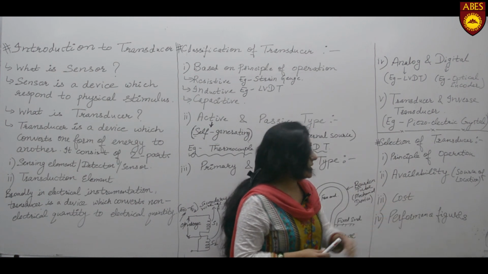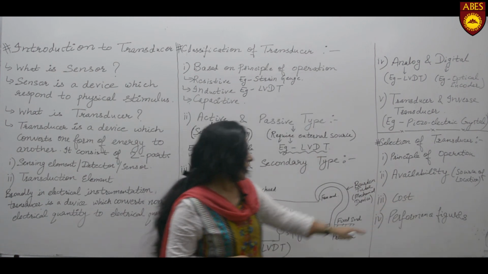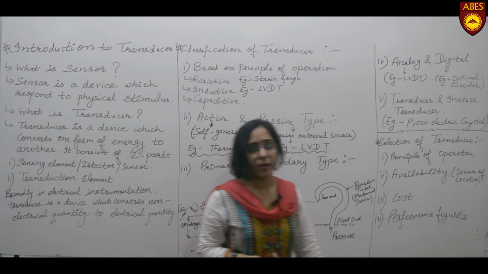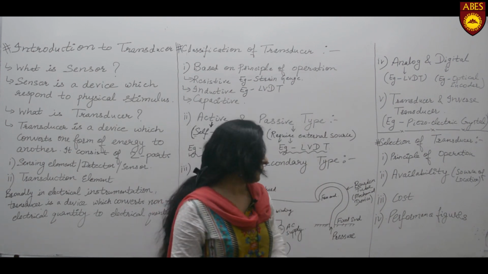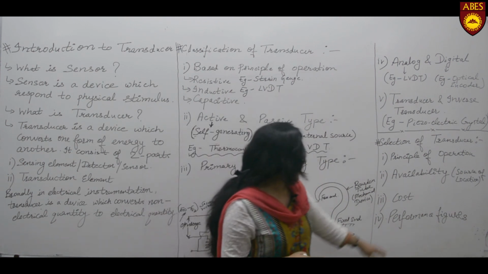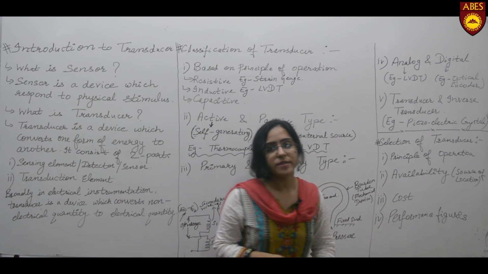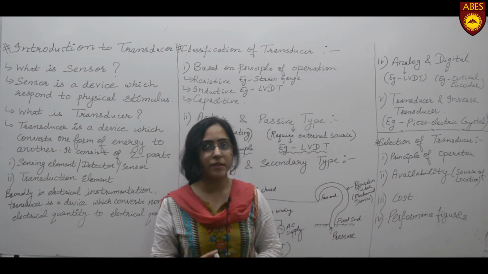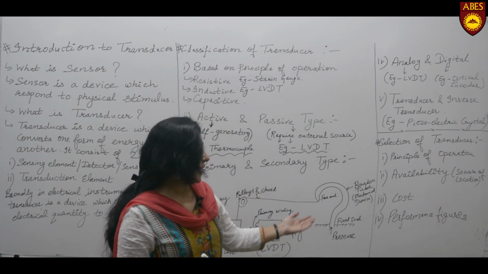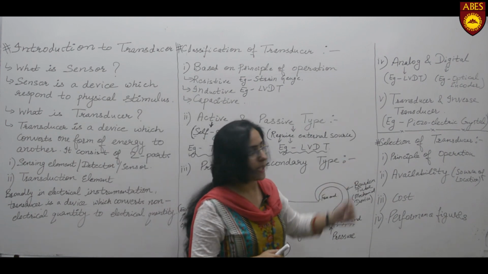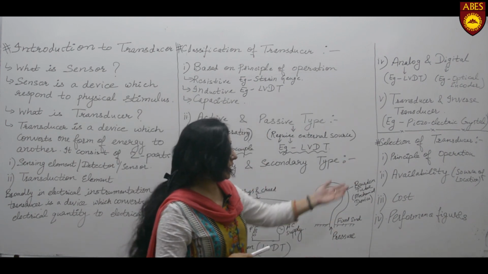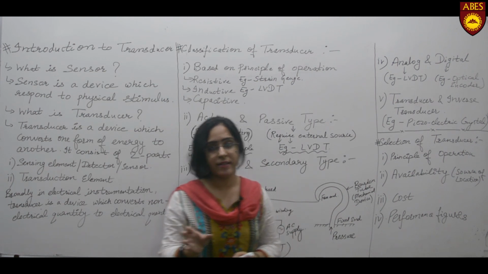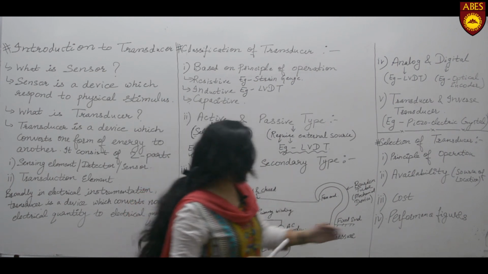Third category comes in the cost. Cost of course is a very important criterion. Fourth is performance figure. An example of the performance figure is the characteristic of the transducer or the particular sensor which you want to purchase.